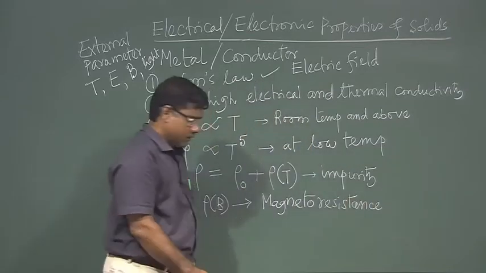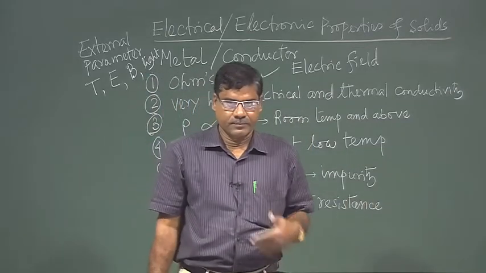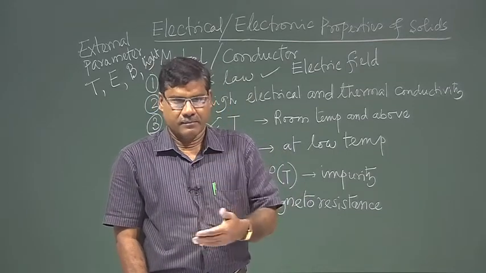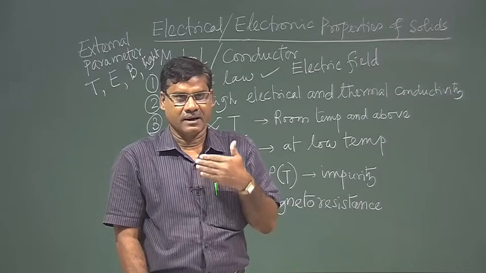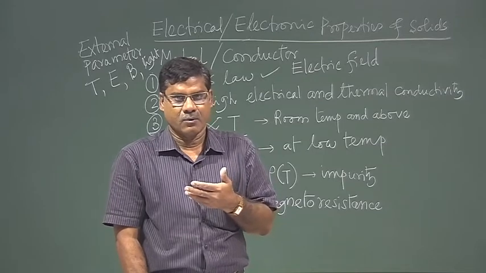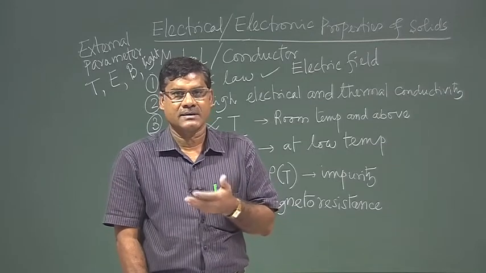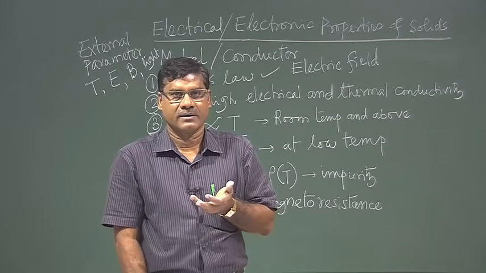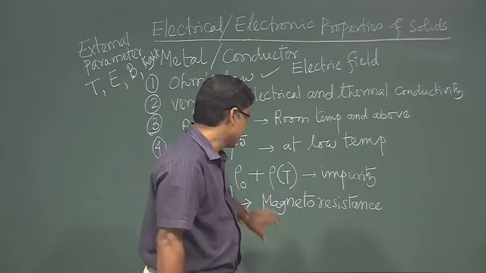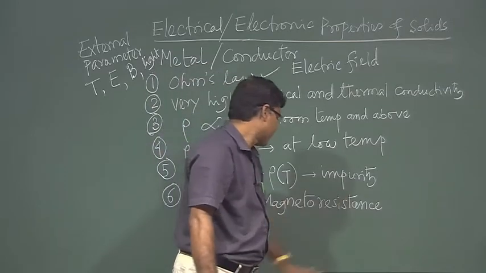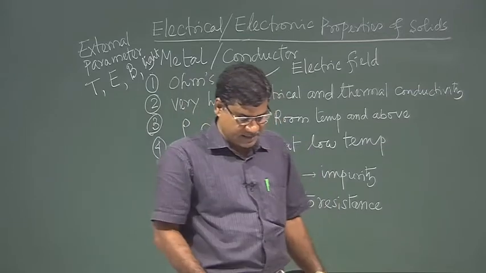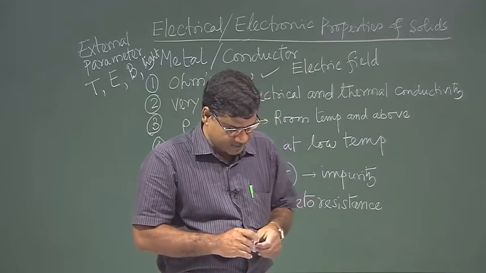Why does resistance change due to magnetic field, what is the reason, and how does it depend on the magnetic field? That we express in terms of magnetoresistance.